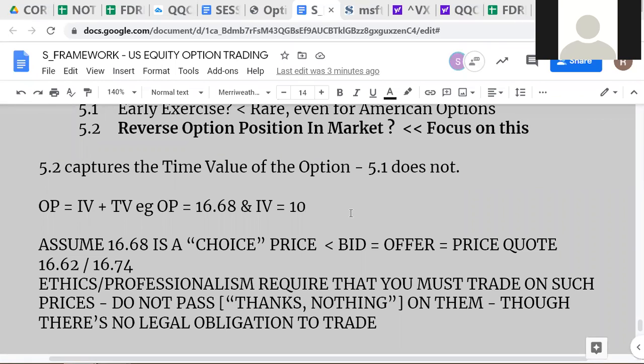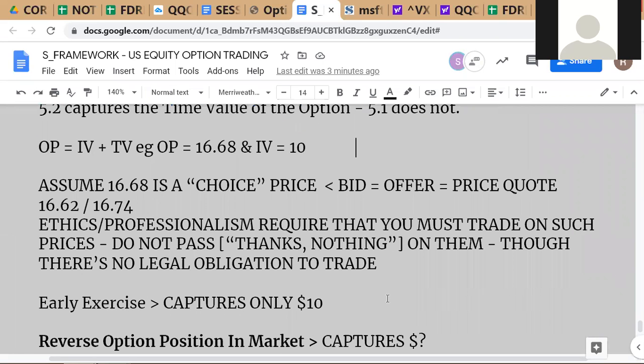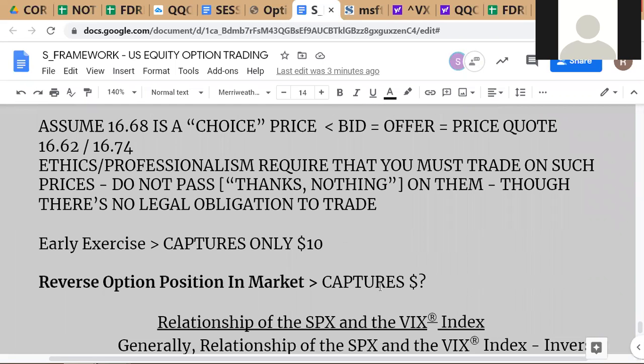Now I'm not going to ask any further questions on this point at least. The point is, now you understand why I'm saying this. Because early exercise captures only $10, but reversing the position in the market captures $16.68.